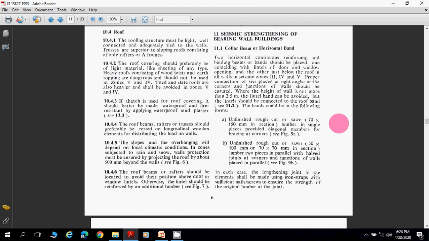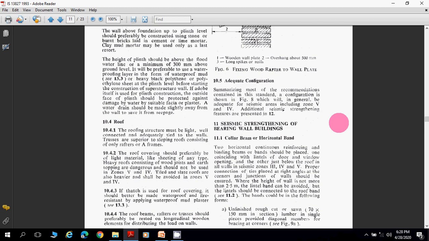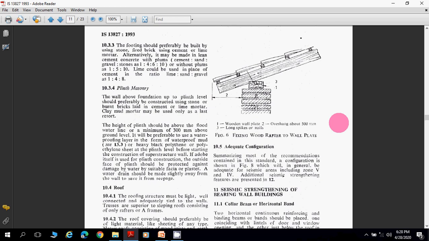The slopes and overhangs are provided based on the local climatic conditions, and the projections are provided 500 mm beyond the walls to prevent damage from the rain. So this is the way roofs are provided. So fixing of wood rafter to the wall plate, so that the load of the roof is transferred to the wall.